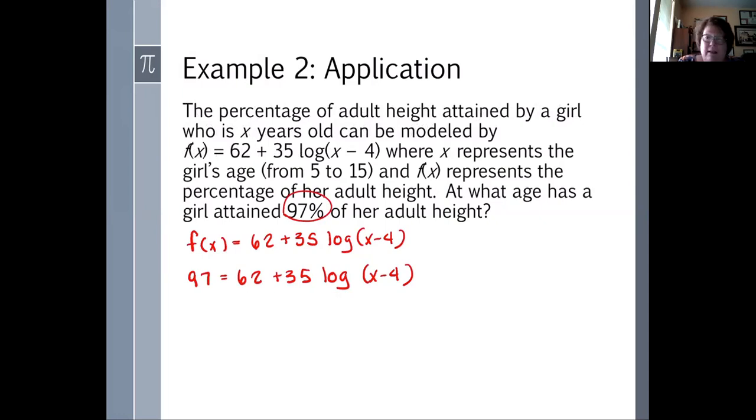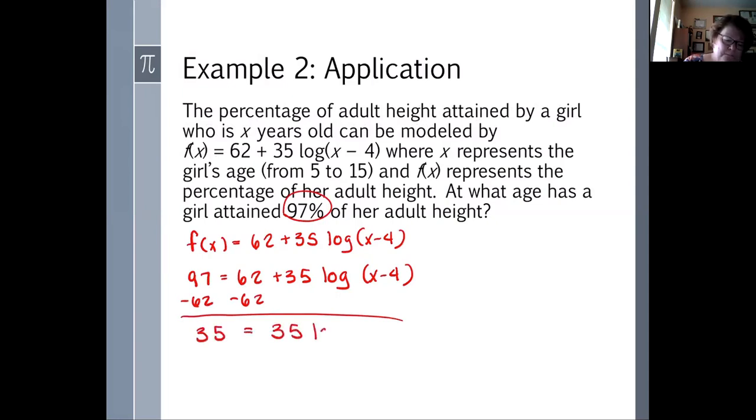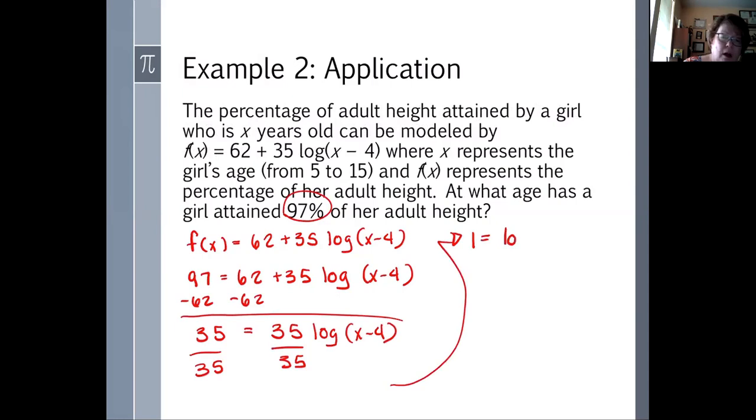So I need to get the 62 out of there, and I need to get 35 out of there. The first thing I'm going to do is subtract the 62 from both sides. This works out really nice. Divide both sides by 35. Wasn't that convenient that we made that equal to 1? So on the left-hand side, we get 1 equals the log of x minus 4.